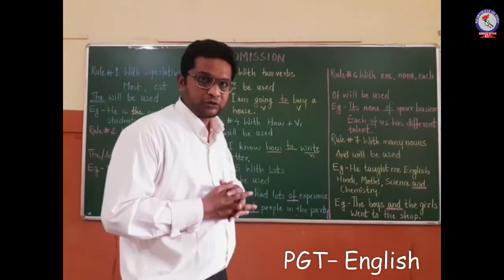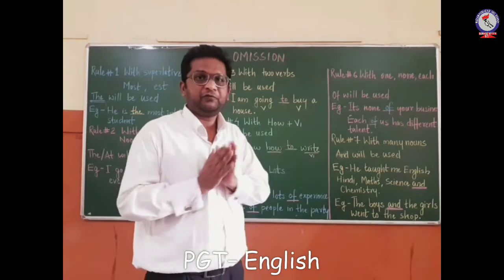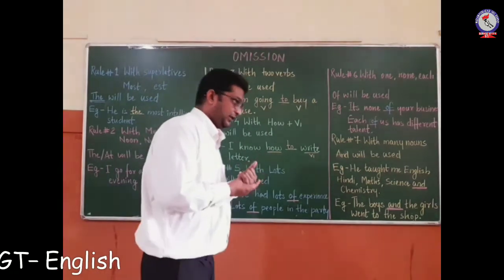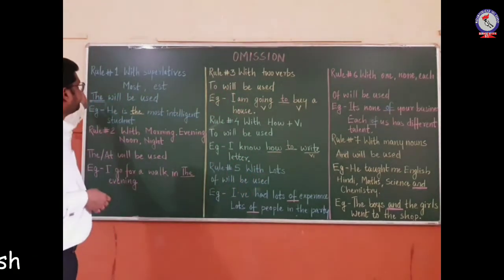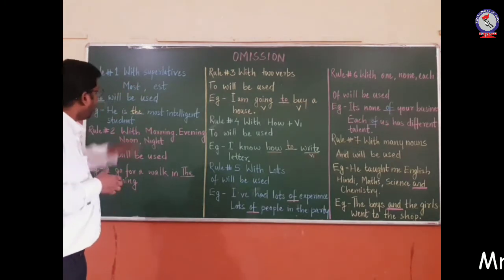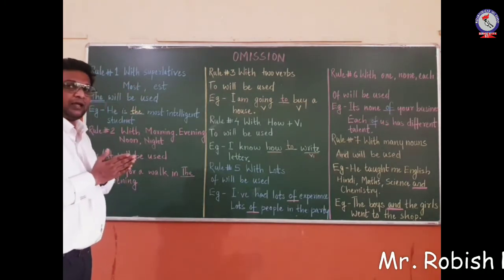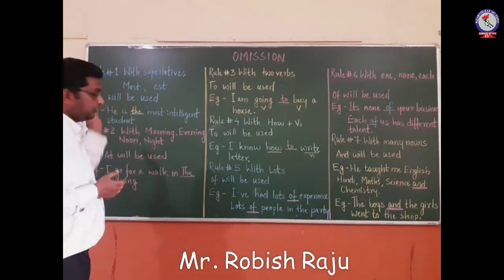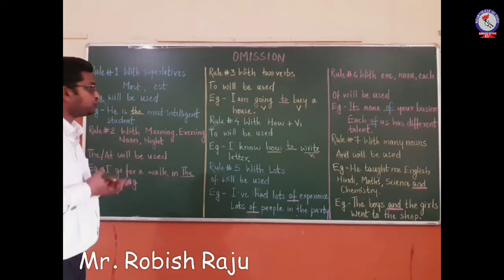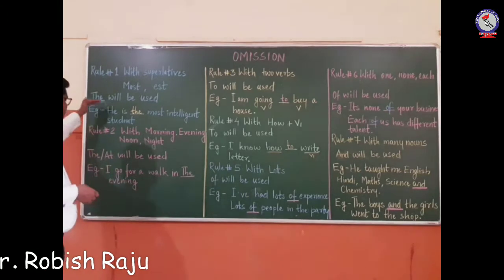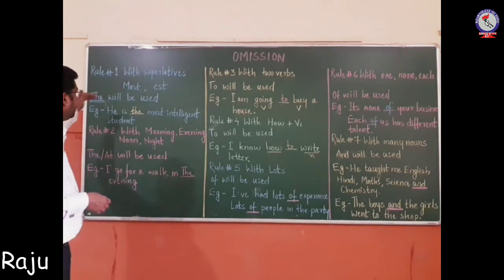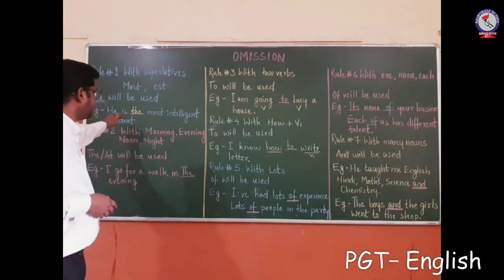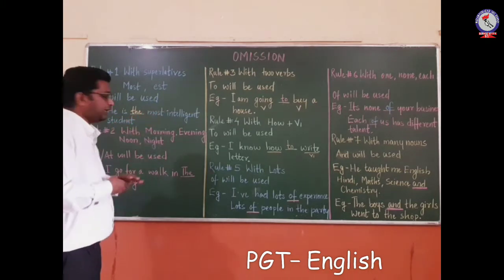Let us see some rules that will be really helpful for you in doing the omission exercise. Let us move on to rule number 1. When superlatives, or the words ending with est, are used, the will be used. See here, for instance, he is most intelligent student.